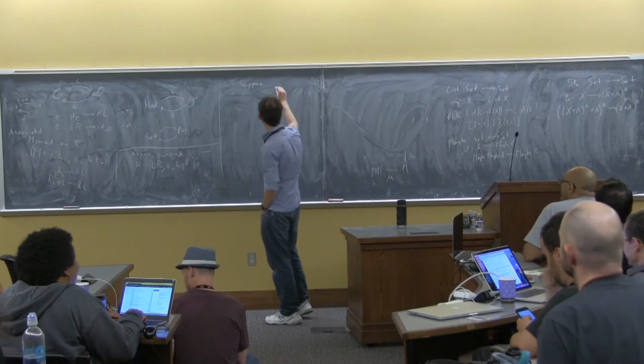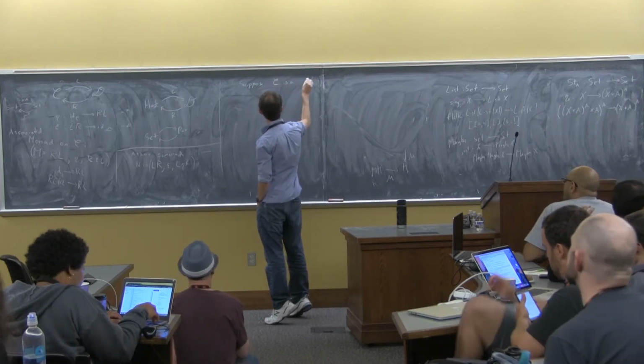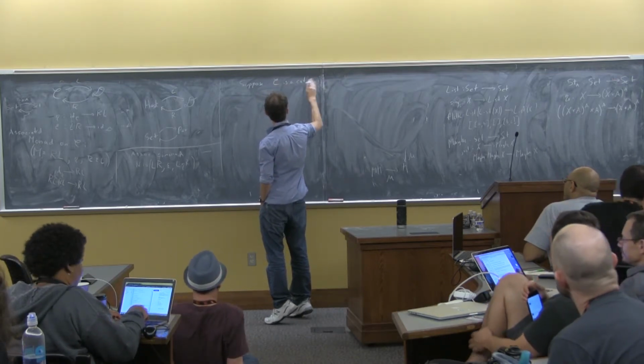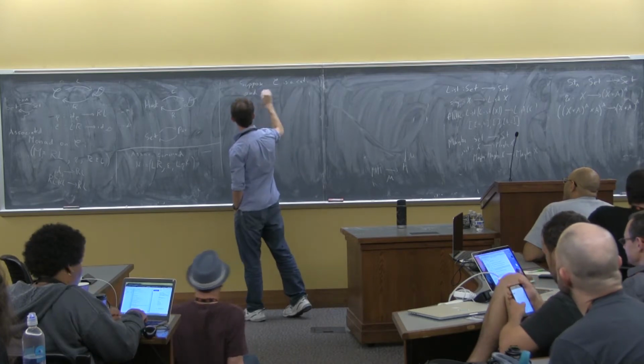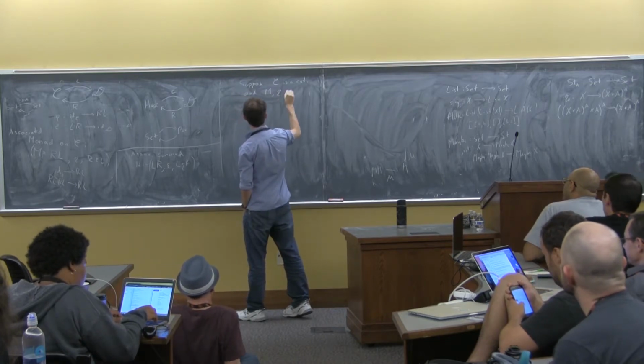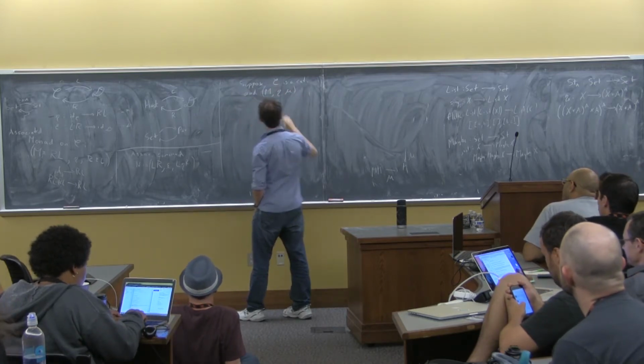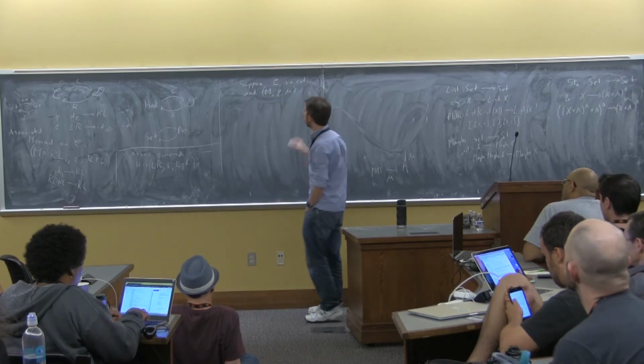Okay, so suppose C is a category, and you have a monad M with eta and mu. Oh, I should talk about the Kleisli category too. I'll talk about that first.